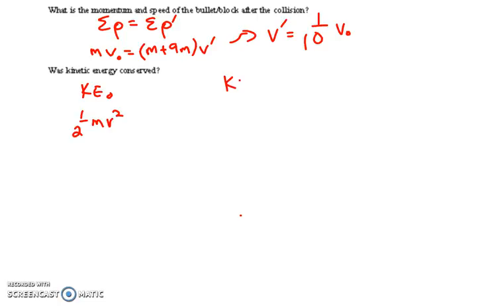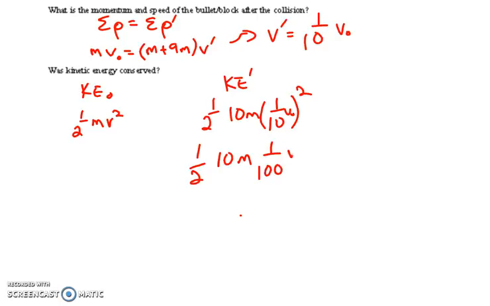What's our kinetic energy after the collision? Well, it's going to be 1/2, and we have a total of 10m after, and the velocity is 1/10 the original velocity, but we have to square that. So if we do the math, we get 1/2 times 10m times 1/100 v squared. Simplifying that, I'm going to leave the 1/2 out front for comparison. We've got 1/10 m v squared.